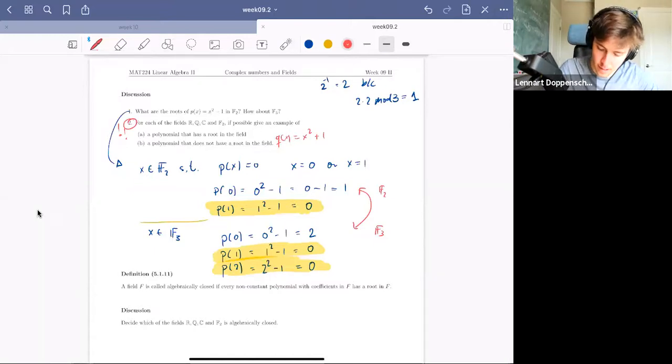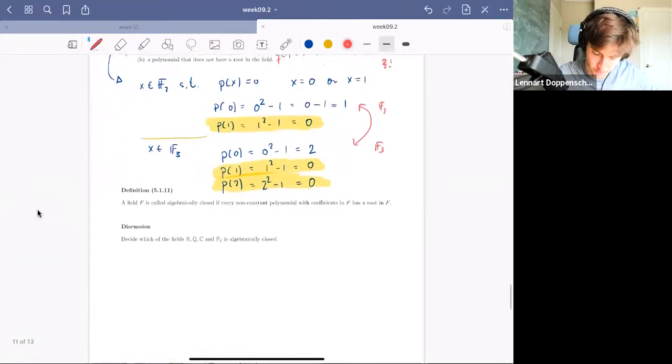And if you take, for example, r of x, I believe, x to the 3 minus x squared plus or minus 1, let's try plus 1. Try to check what this is in F2 and F3. So there's interesting things happening in those fields.